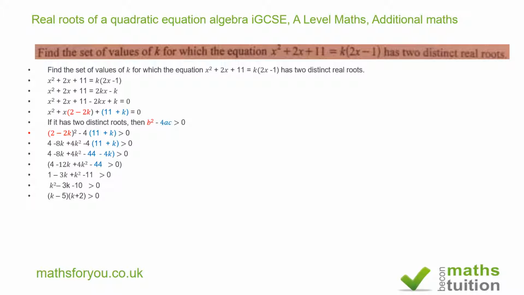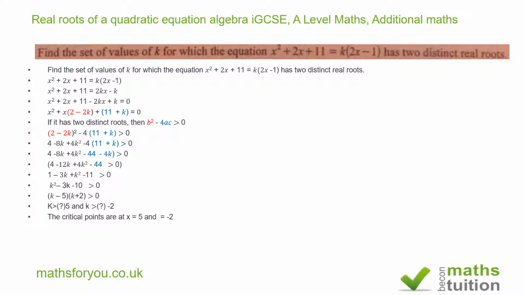Now, we might say k is greater than 5, but I'll put a question mark there, because this is telling us that 5 is just a critical value, and so is minus 2. So 5 and minus 2 are just critical values. We want to use these to find out where the graph is above the x-axis, where the y values are positive.